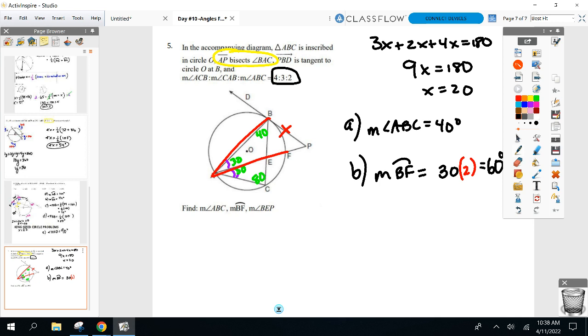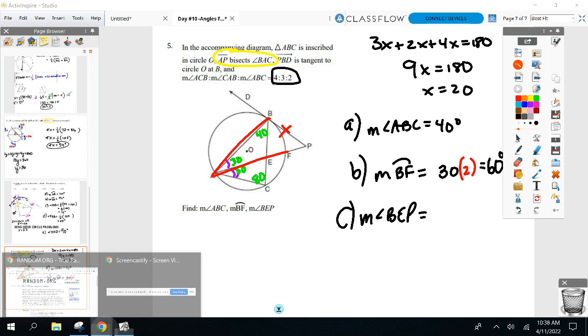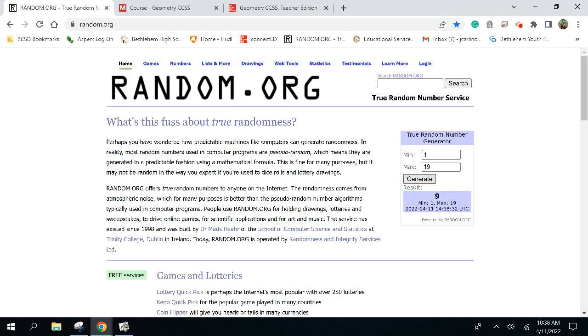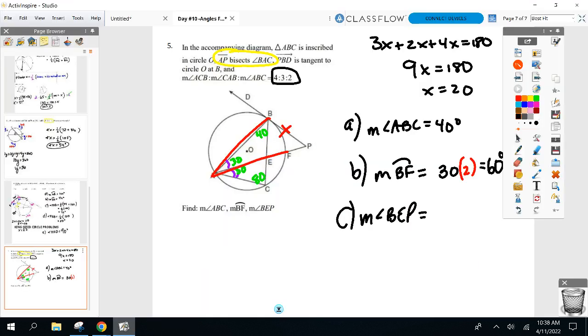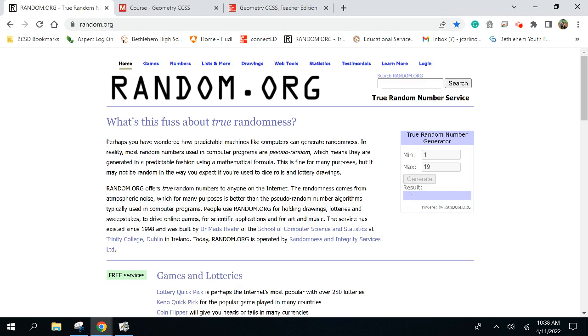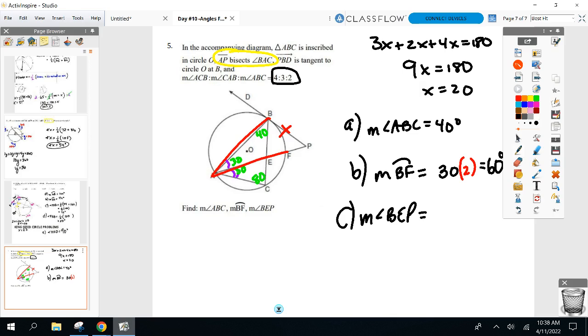All right? And then angle BEP. Look at that angle, BEP. What type of angle is it? Central?